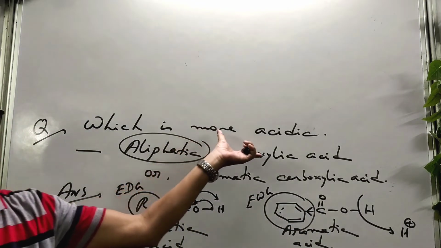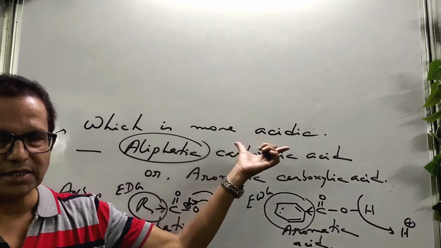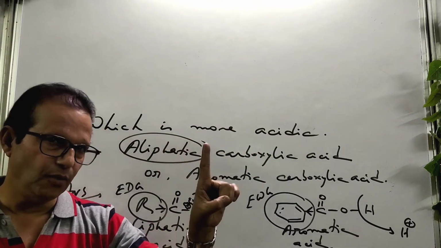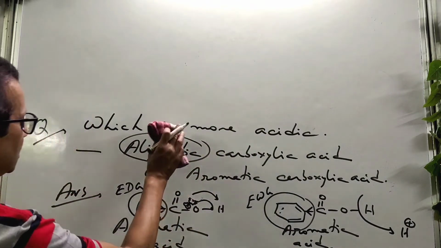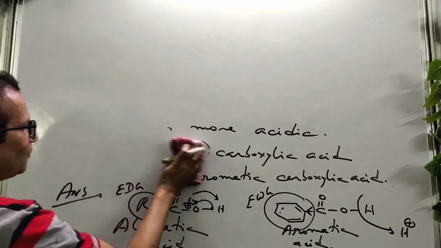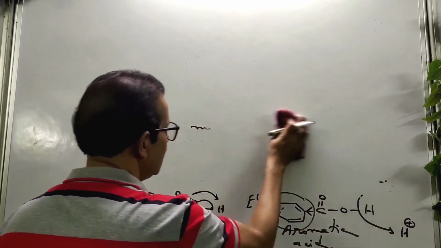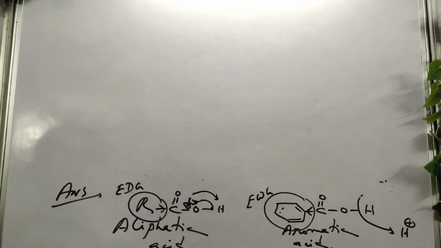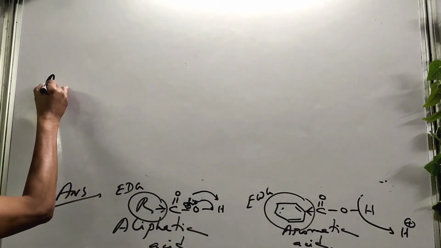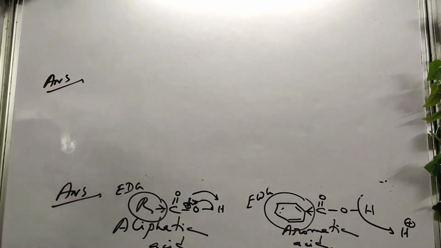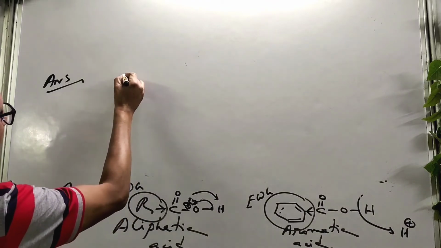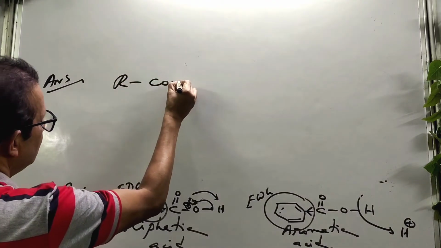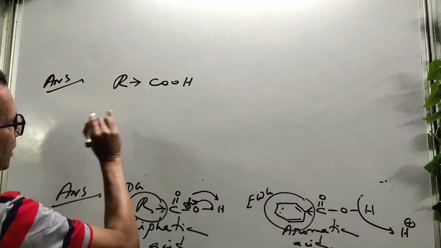But if this type of question comes in your board exam, it carries hardly 1 mark. So how to write the answer? This is R COOH, donating.